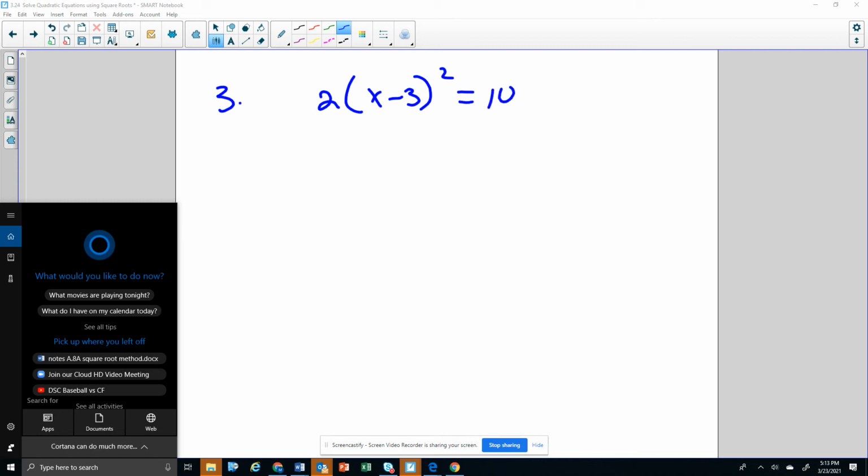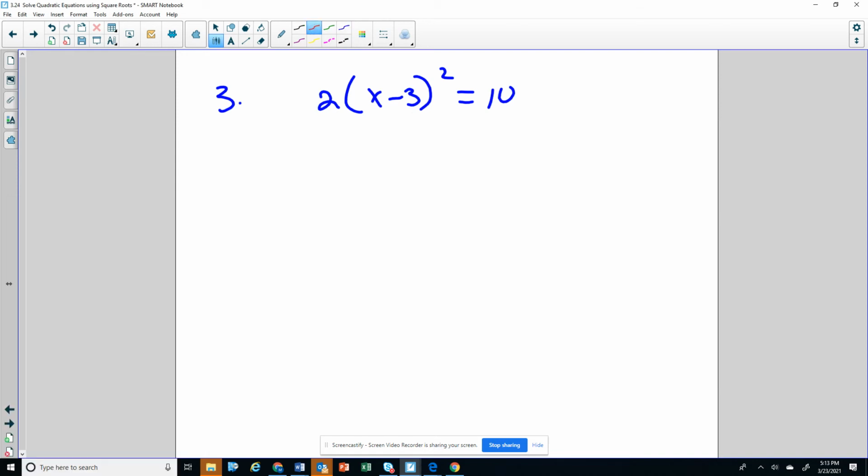So now here I have a 2 that is multiplied times the x minus 3. To get the x minus 3 by itself, I'm just going to divide both sides by 2, and that goes away.